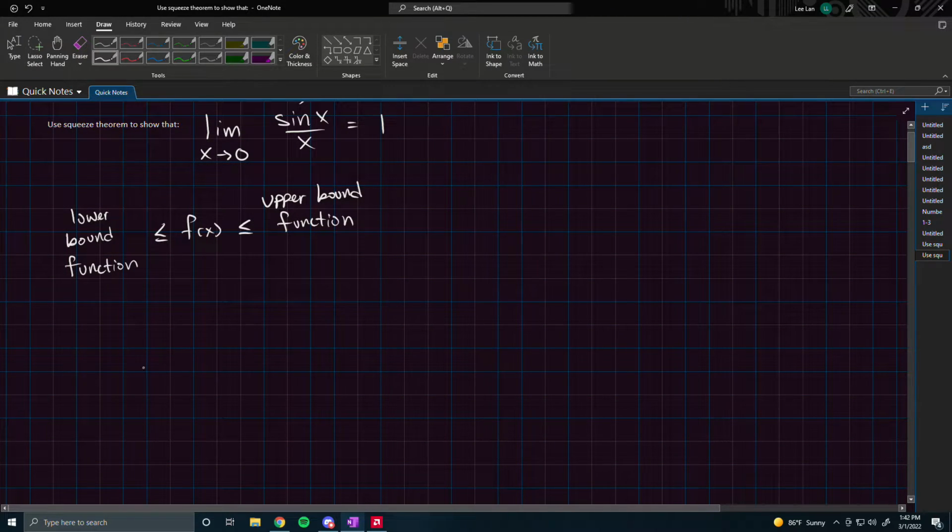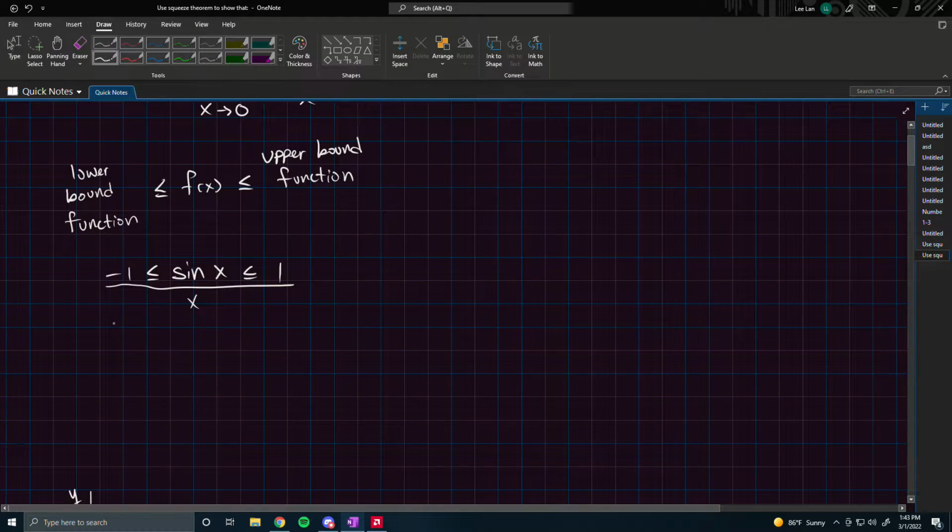Let's take the range of sine x. So we want to generate these functions. We know that sine x is greater than or equal to -1 and less than or equal to 1 at all times. In order to get sine x over x, we could try dividing everything by x.